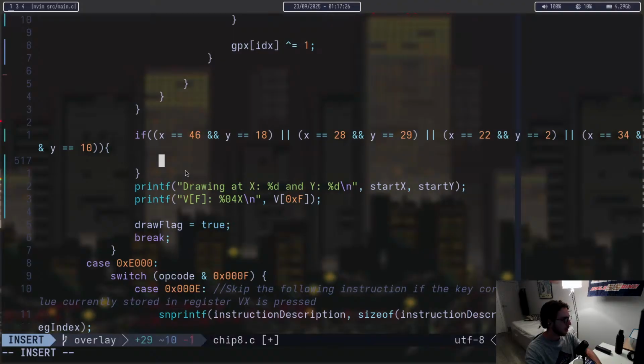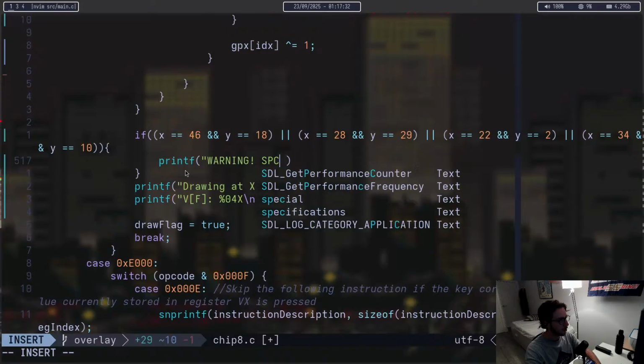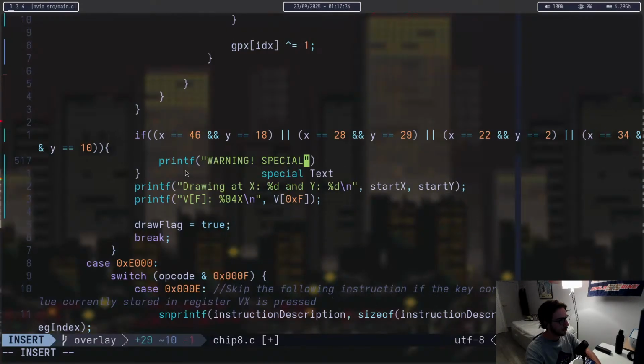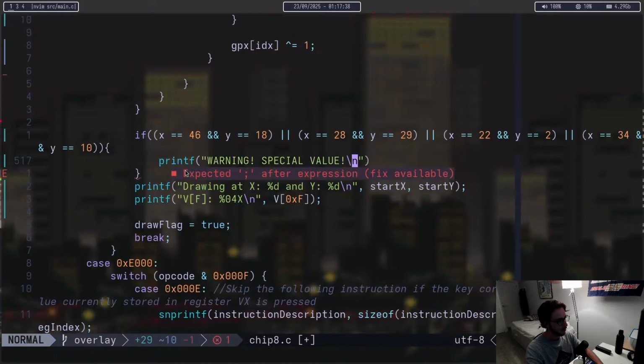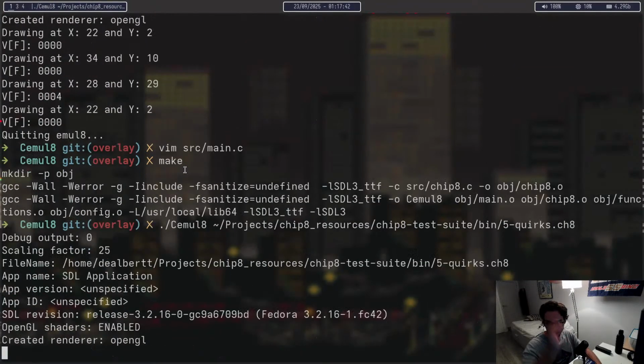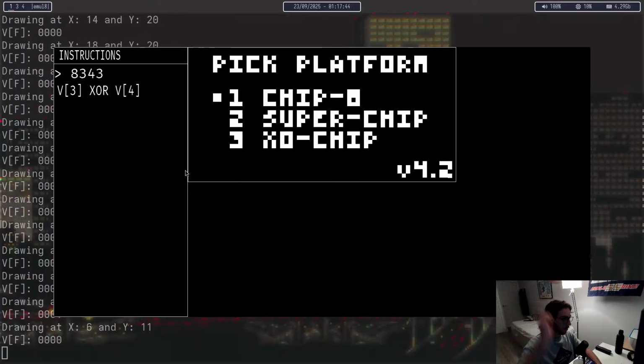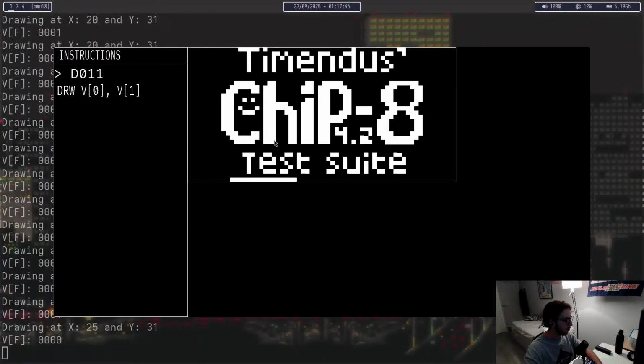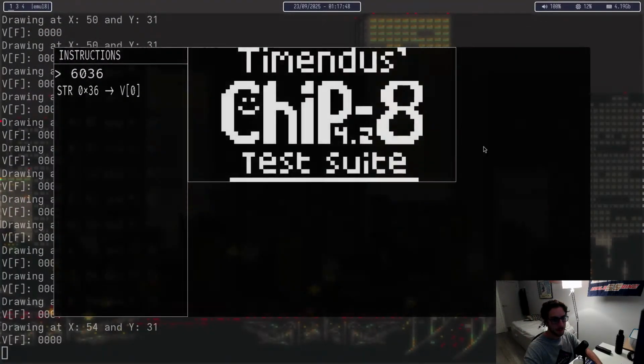I don't know, I'll just say printf warning special body. I don't even know what I'm doing at this point, but fuck it. Right.